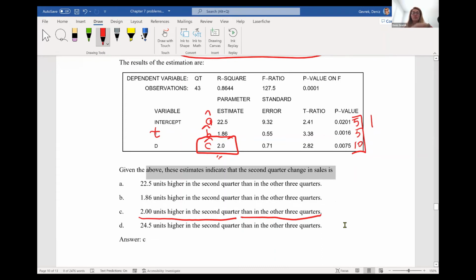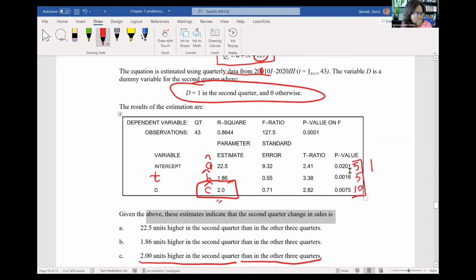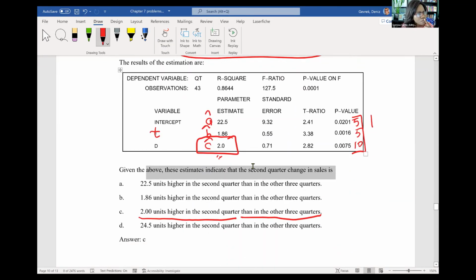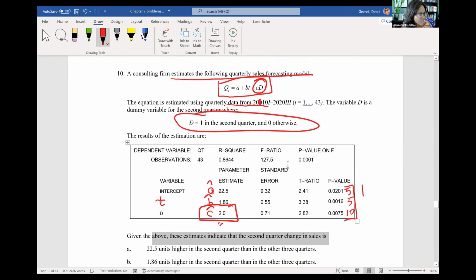That's to set the second quarter apart from the other ones. D equals 1 in the second quarter and 0 otherwise. So I see the correlation now, with D being the second quarter.